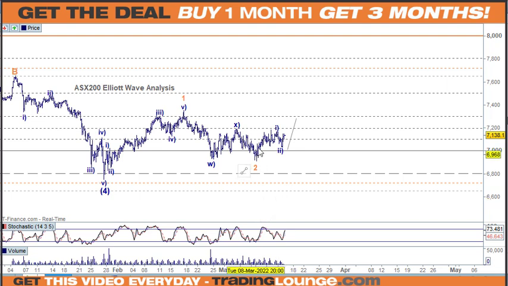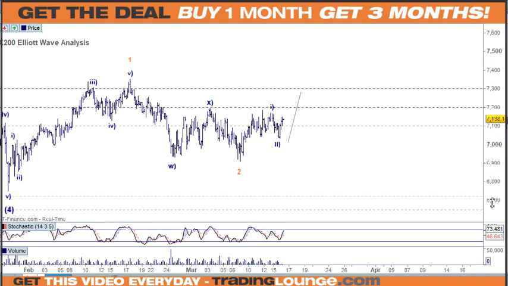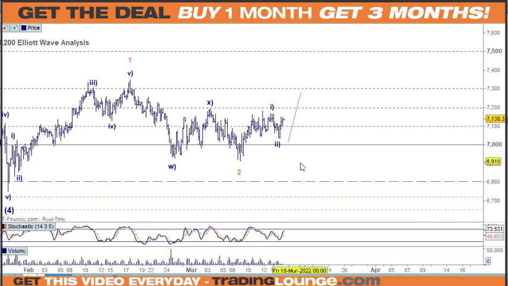I mean, this counting here as wave 1 is sort of okay, but there are problems with it. You could easily put it as a corrective sort of move. I'm just being a bit philosophical about it, adding 1 and 1 together, like having 7,000 as a nice support, and then we decided, well, that's good, but let's get the 7,100 and let's go long.